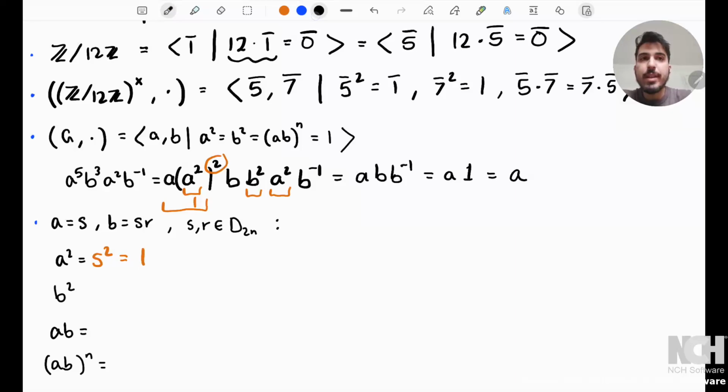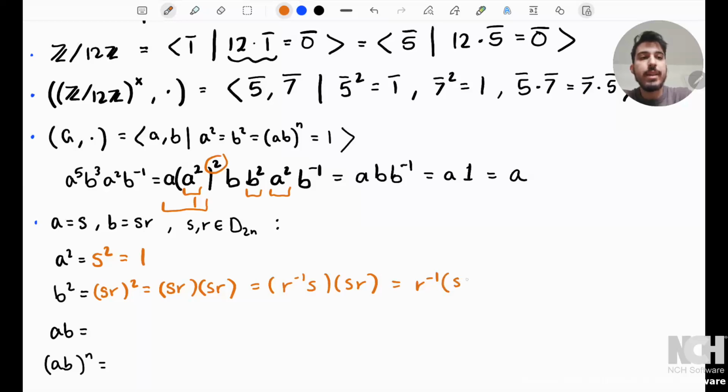B squared is equal to SR squared, which is equal to SR times SR. And now I'll be using one of the properties that I've learned about and I've proven, that the SR in the beginning is equal to R minus 1 S. And I multiplied by SR. And then I use associativity to say, well, that's equal to R minus 1, open brackets, SS, R, and SS is equal to 1.